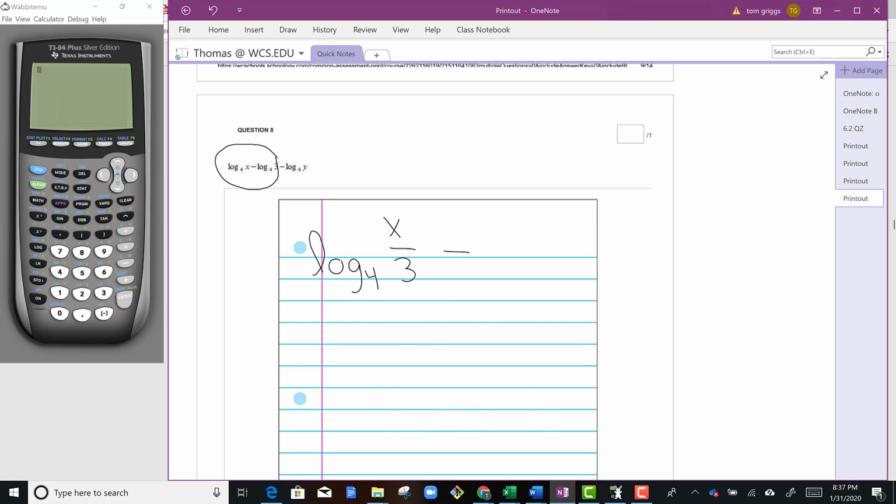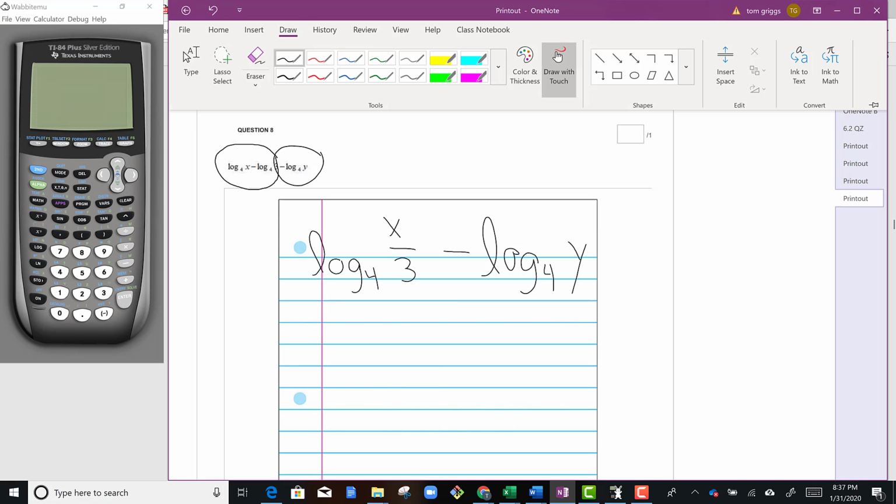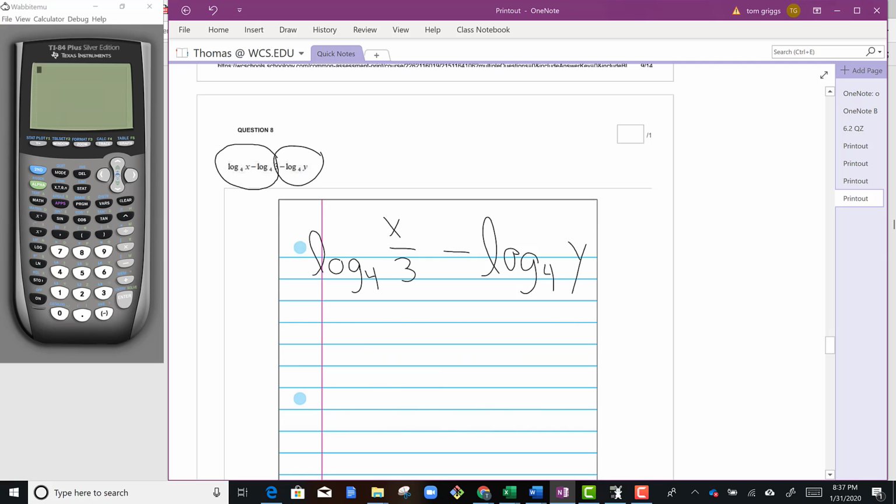And then we're going to subtract. I'm going to go ahead and rewrite this one right here, log base 4 of y. And then I'm just going to use the subtraction property and divide one more time. So we got log base 4 of x divided by 3 divided by y.